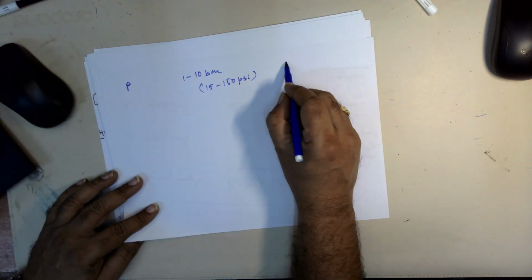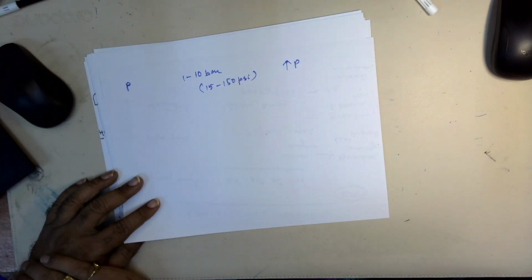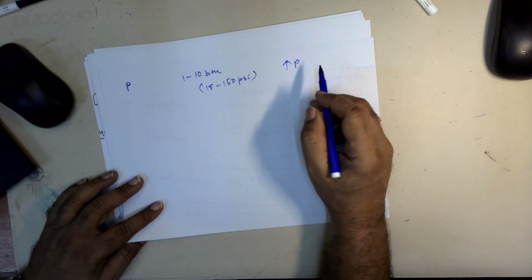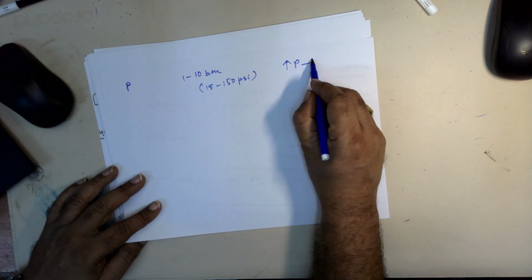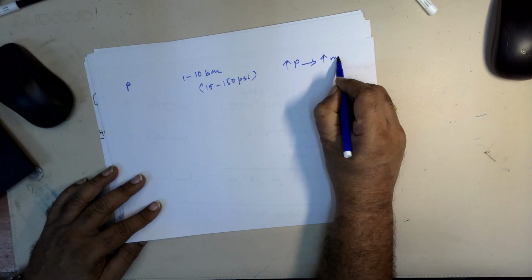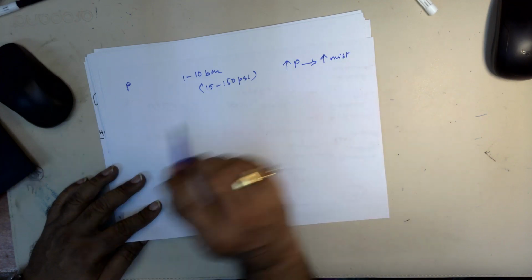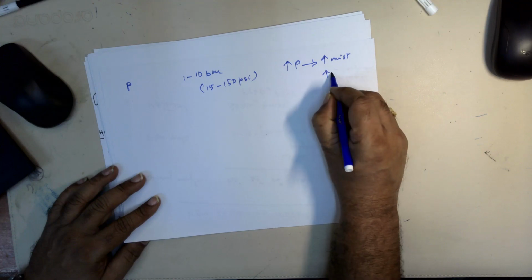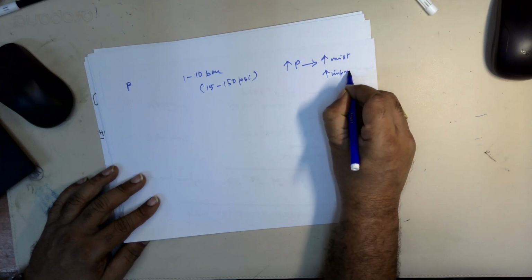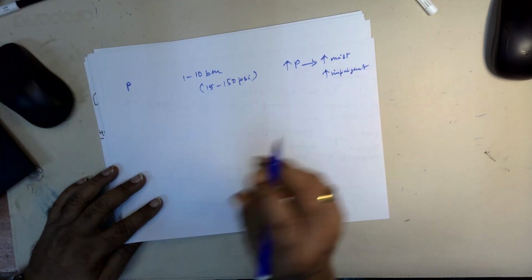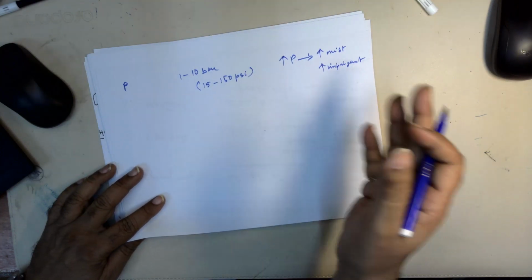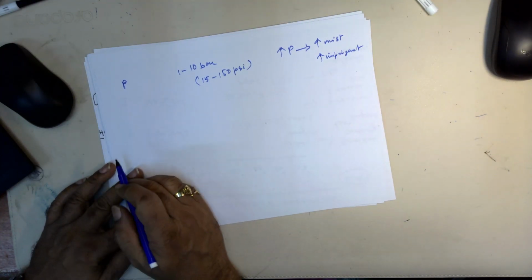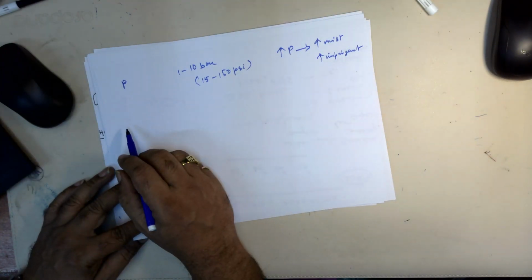But high pressure leads to higher misting. It develops a lot of mist, and the impingement will be more also. The impact will be more. So the higher the pressure, these parameters will definitely increase. These are the consequences.